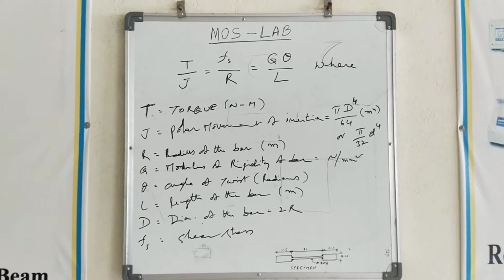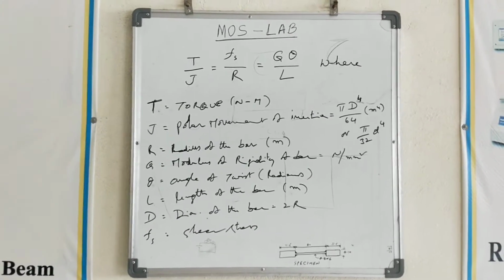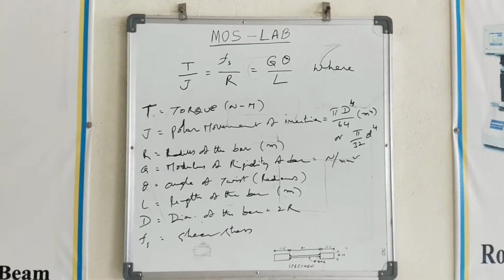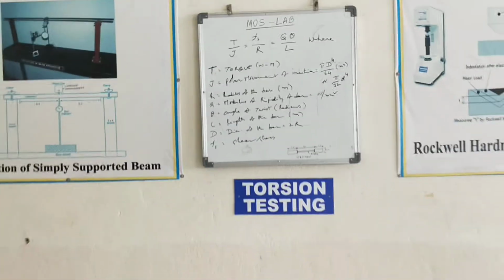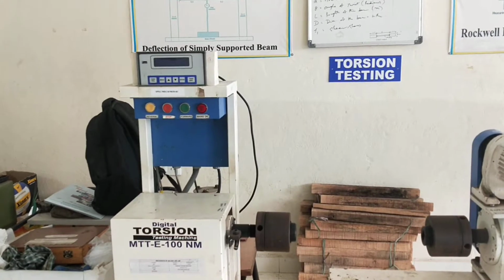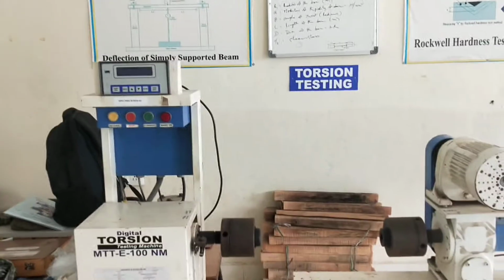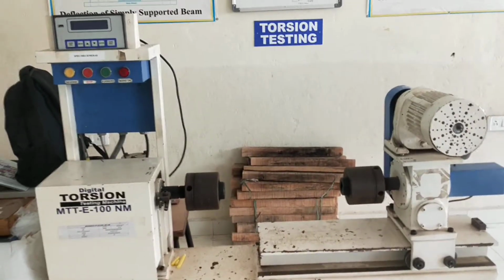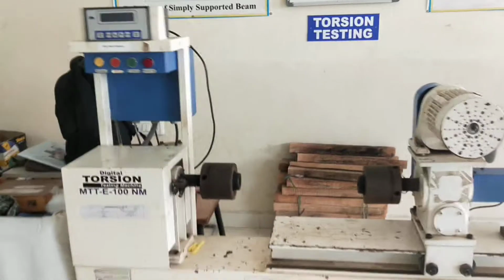Other things, such as torque, shear stress, modulus of rigidity or polar moment of inertia, can also be determined. You just try to find out 3 unknowns there. So this is the machine which is used to find out torsional strength, or shear stress. That will come under the calculation part, of course.